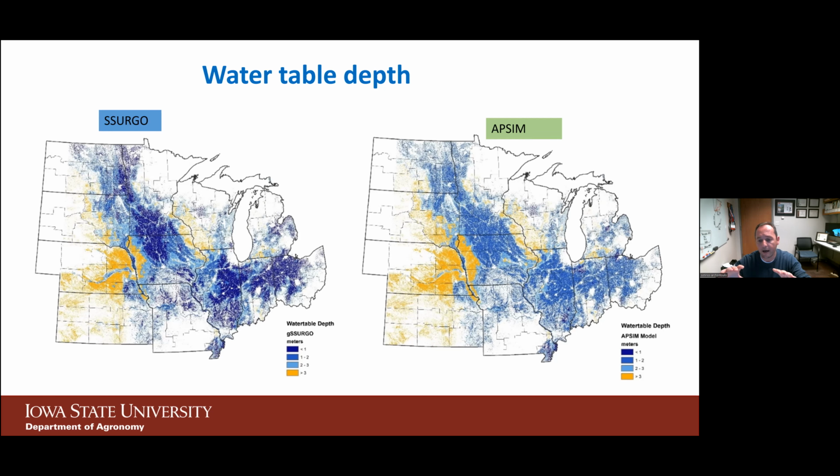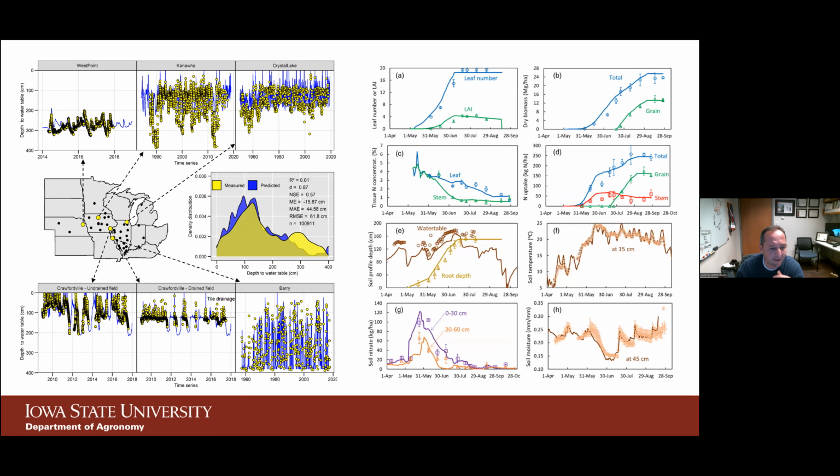These are averages over 34 years. Different colors refer to different depths to the water table. This is one test. We did several other tests at the field level with water table depth, in many locations in Iowa. I show here some examples, but we were happy that the model performs well.